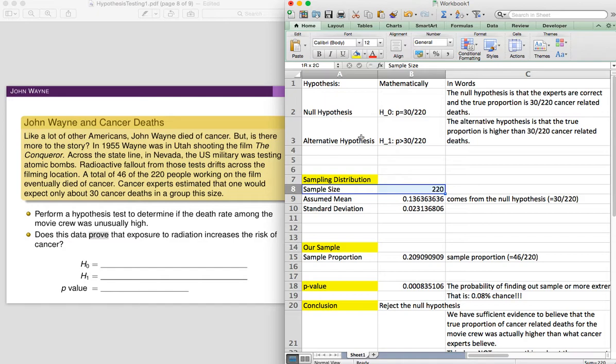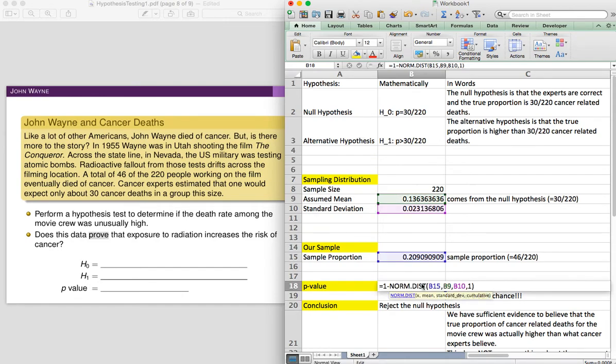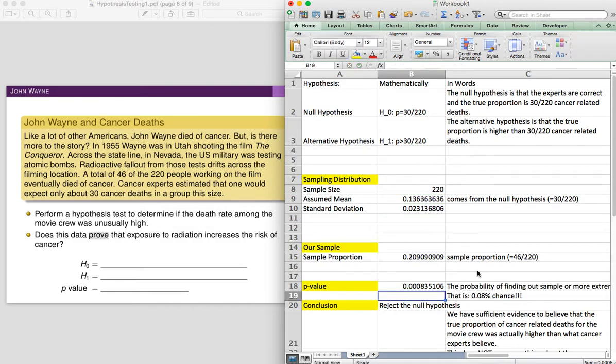The sampling distribution is based on the assumed information. So we have a sample size, the assumed mean, and the standard deviation based on the assumed mean. We have our particular value that we found in our sample, and the p-value comes from using the normal distribution to calculate the probability of finding our sample or something more extreme.